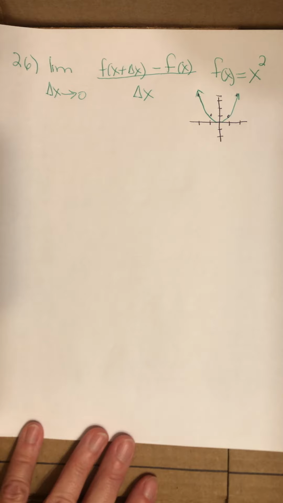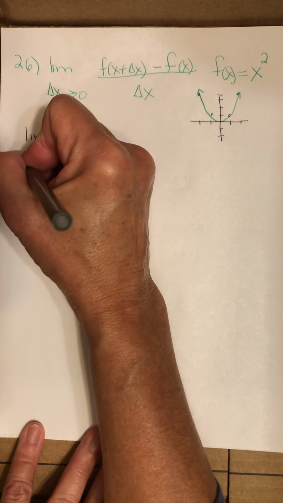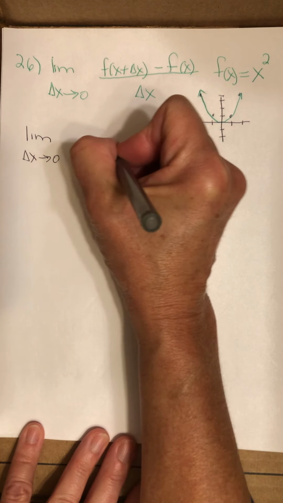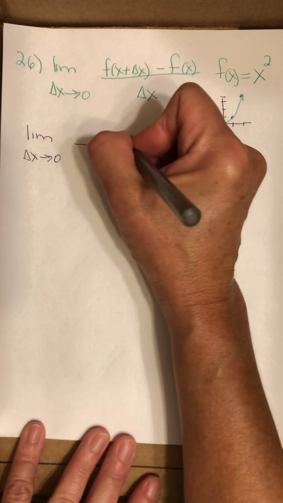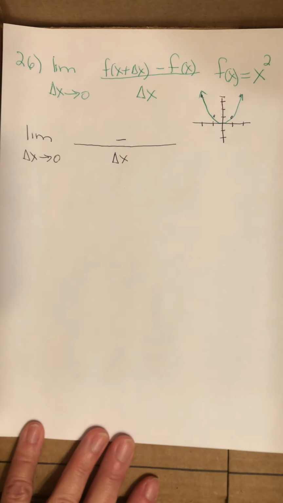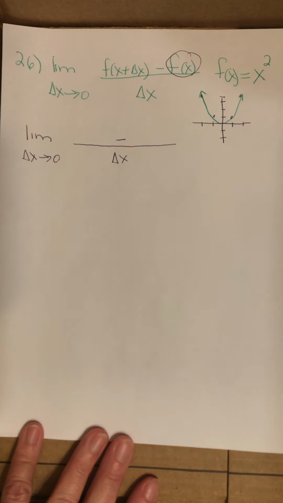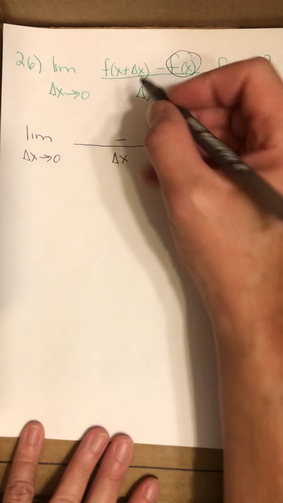Okay, let's go ahead. Let's substitute the function into our difference quotient. I always write the limit. I always do the denominator next. I always put a minus sign in my numerator, and I always put the function first on the right. That would be the right-hand side, because it's so easy.